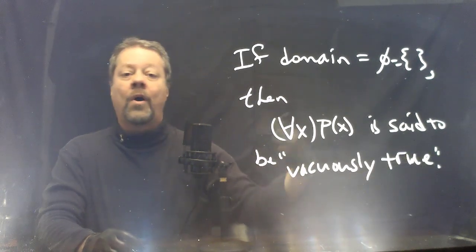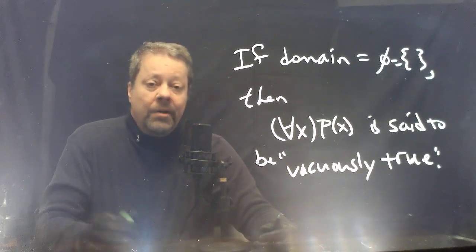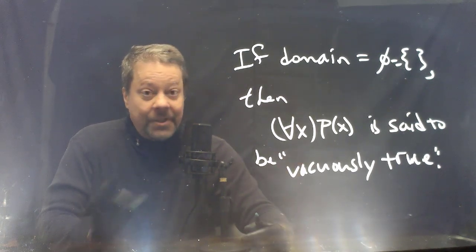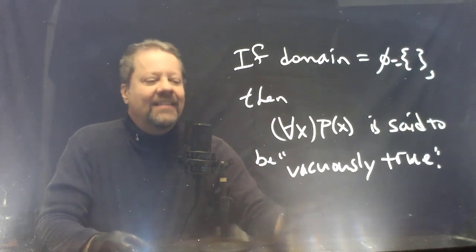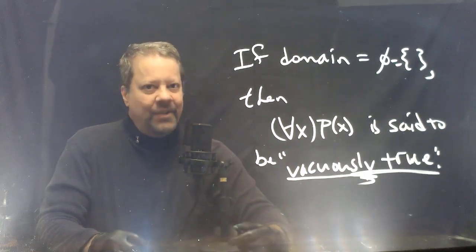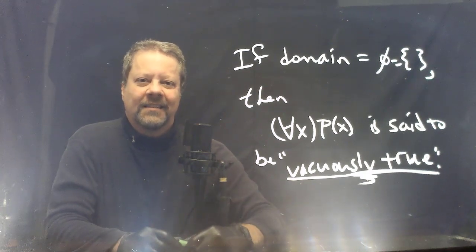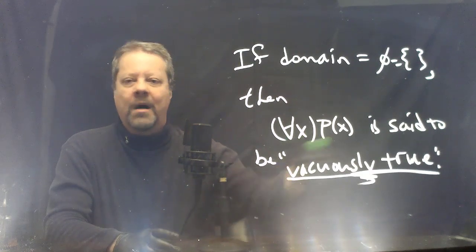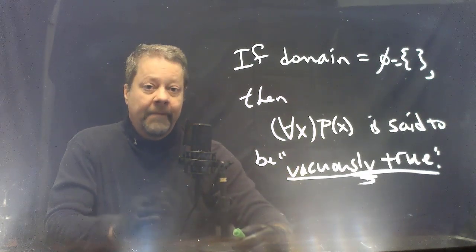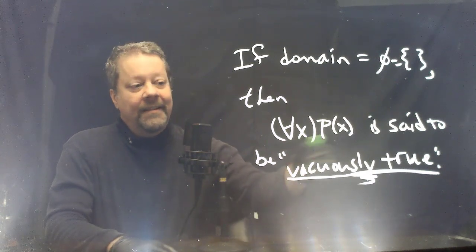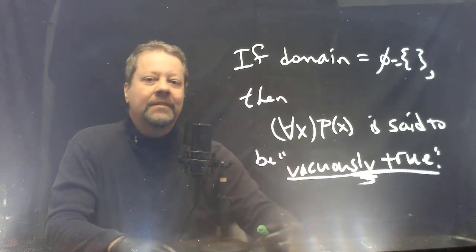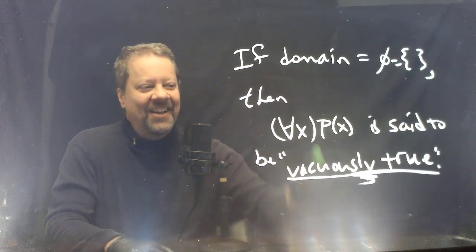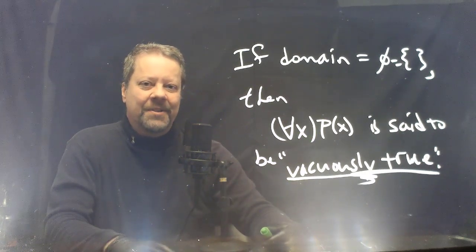It's true for all elements in the domain, but there are no elements in the domain. But it is true for every element in the domain. There just happen to be no elements in the domain. That's why it's said to be vacuously true. As an example, I could make a proposition: for all men on Mars, they have 3 toes. That would be a pretty strange proposition, but it is true for all men on Mars. There just aren't any men on Mars. And so it would be a vacuously true proposition.